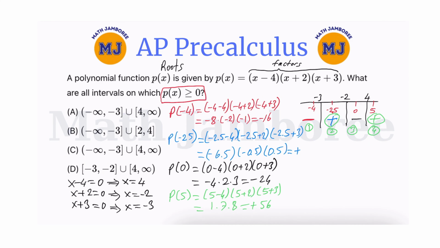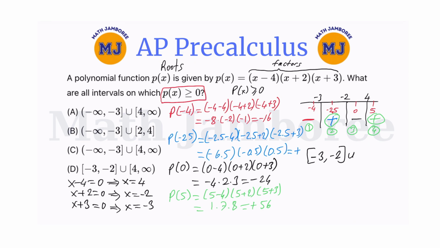So if I write the intervals for these, we have negative 3 and negative 2. Are we going to include negative 3 and negative 2? Yes, because p of x is greater than or equal to 0. If it had been only greater than 0, then you wouldn't include these. So we will include them now.